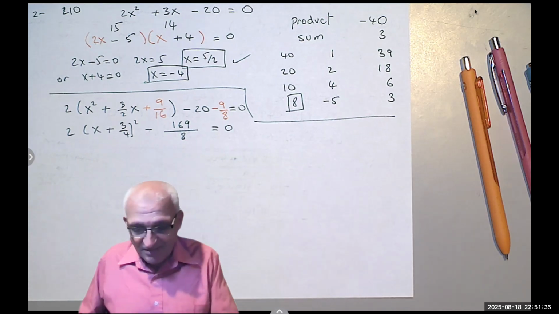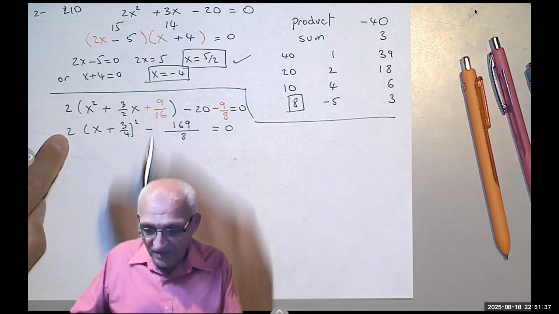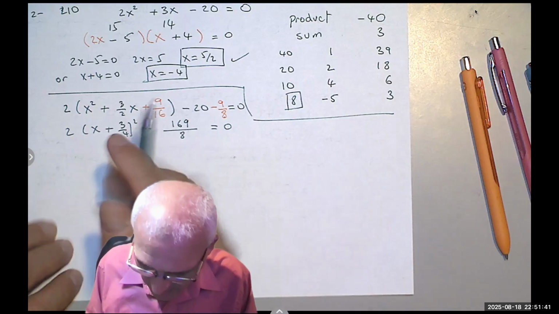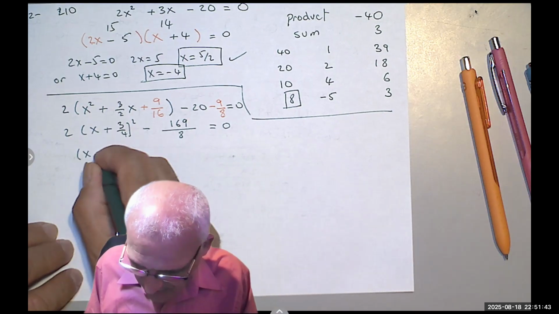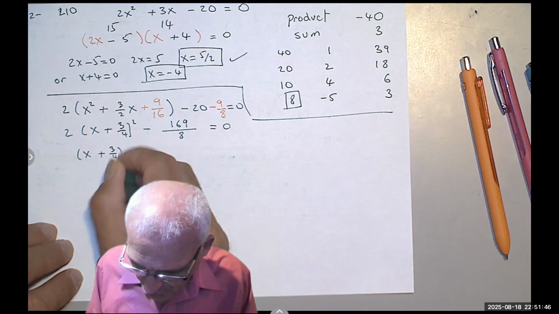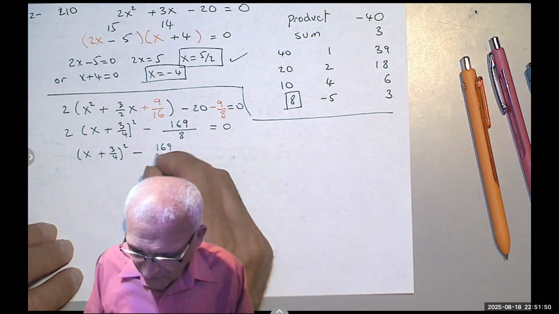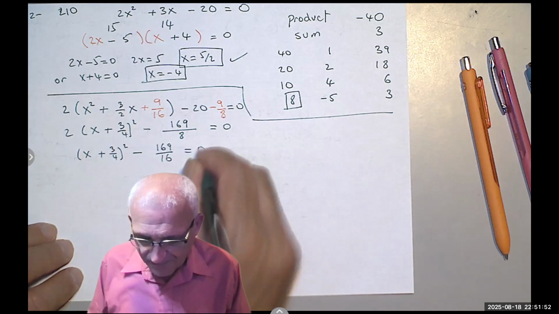I'm going to simplify by dividing by 2 and moving this to the other side if you wish, or you don't have to, just leave it. So that becomes x plus 3/4 squared minus 169 over 16 equals 0.